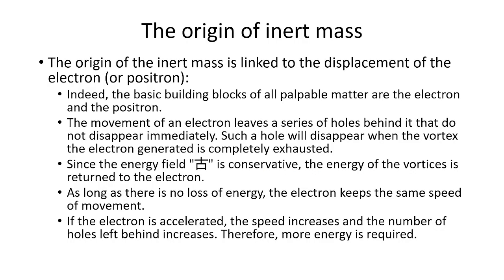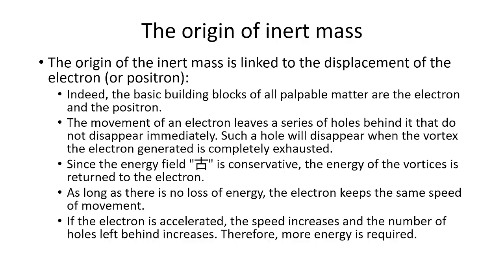The origin of inert mass. The origin of the inert mass is linked to the displacement of the electron or positron. Indeed, the basic building blocks of all palpable matter are the electron and the positron.